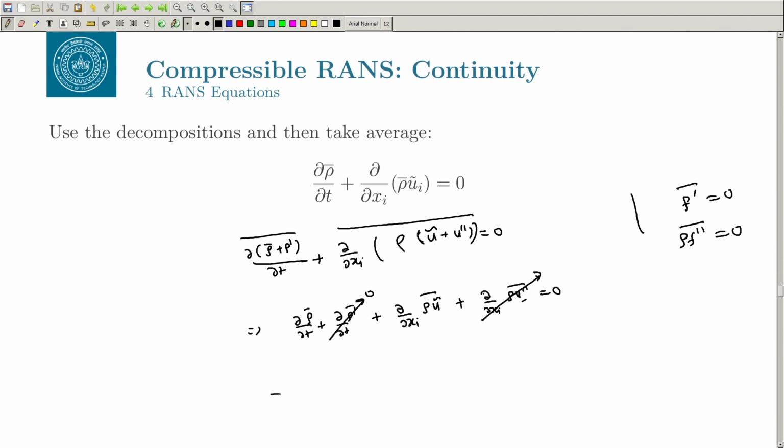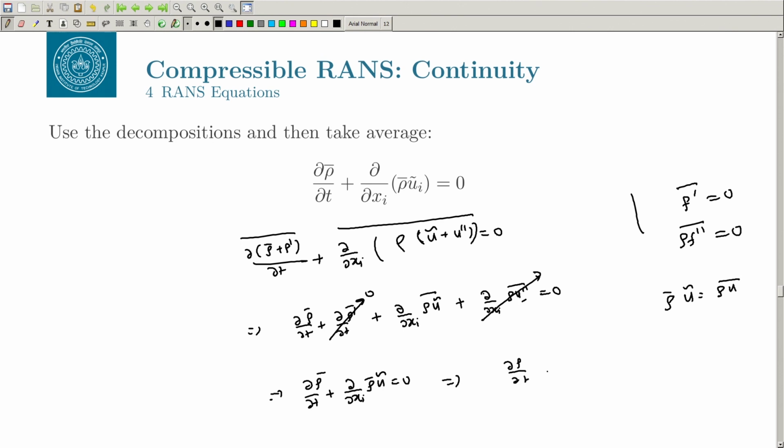Then your equation becomes d rho bar by dt plus del by del xi of rho bar u tilde equal to 0, and what is rho bar u tilde? Rho bar u tilde is nothing but rho u bar. So, this can also be written as del rho bar by del t plus del by del xi of rho bar u i tilde equal to 0.